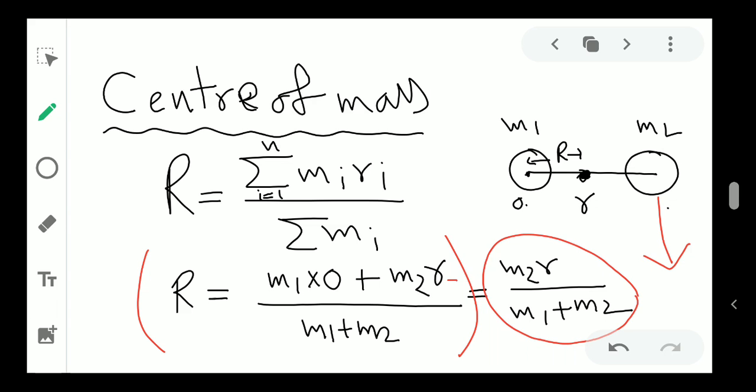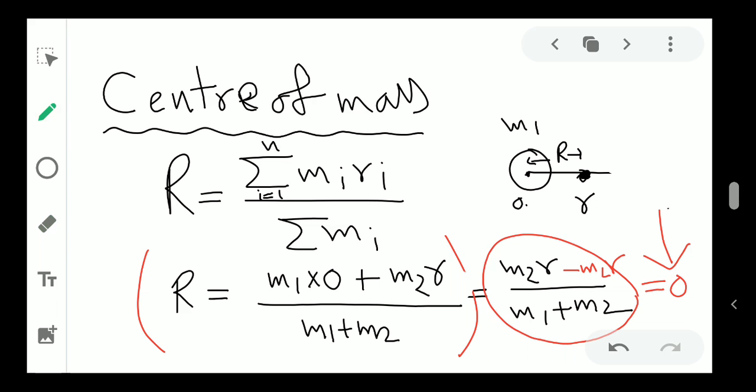Why? Because this m2r portion is going out of the system. So I just subtract m2r from here, and as a result you can see that there is no other term. So m2r and m2r cancel each other and my r becomes 0. That means when this particle will not be here, the center of mass will be at the 0 position, and that is true.